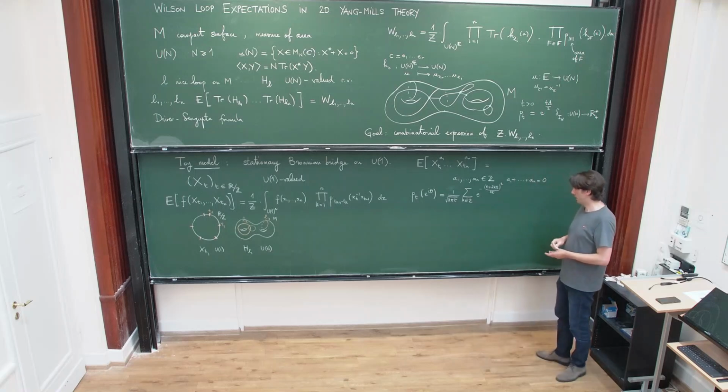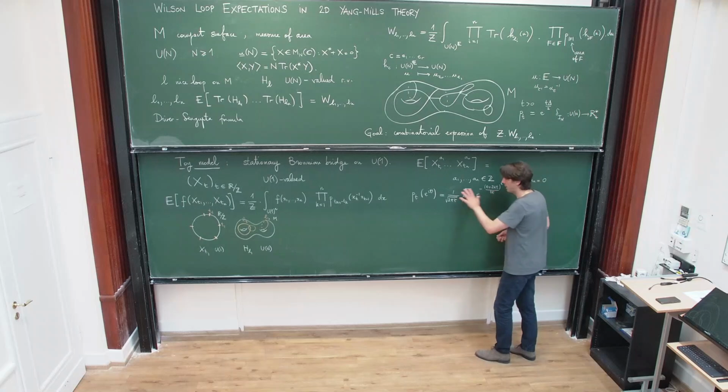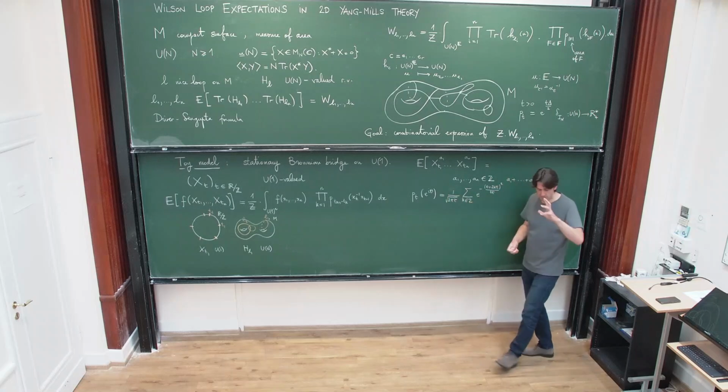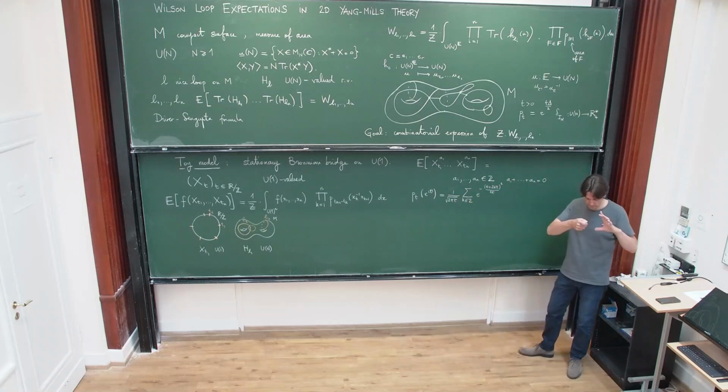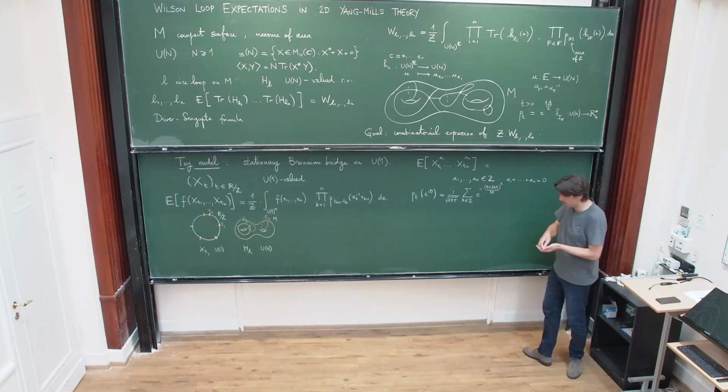This is a true expression, and it is periodic. I am thinking of the heat kernel as coming from the heat kernel on R by wrapping it around the circle.